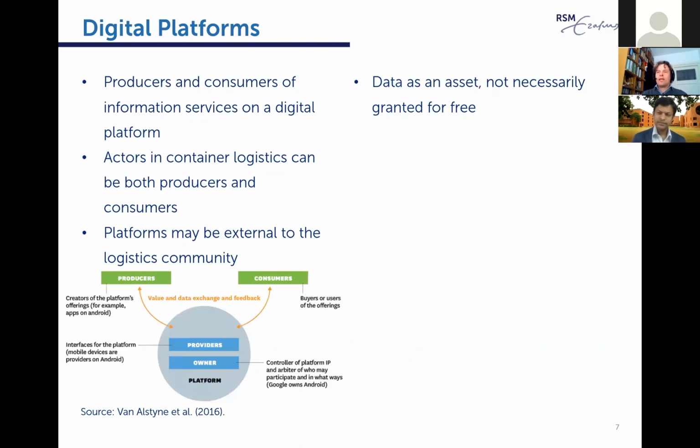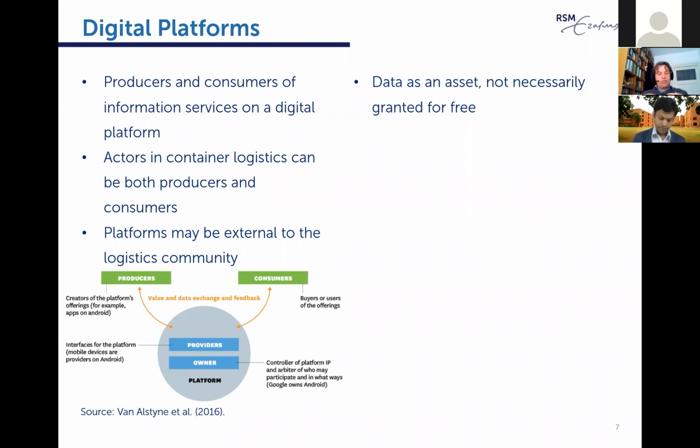And the actors are users. Those actors can be either producers or consumers of information services, right? So if you think about how actors in the container supply chain act as producers, they might deliver data. They might be the ones that generate data in the port processes, and then they bring that to the platform.